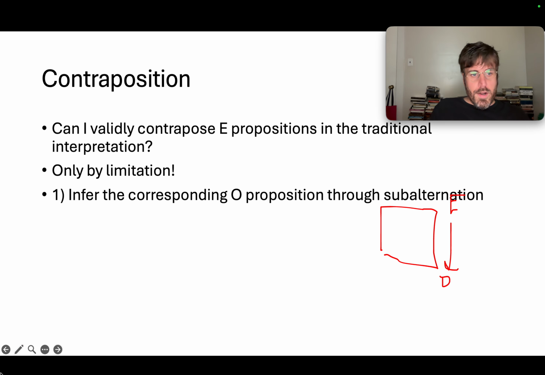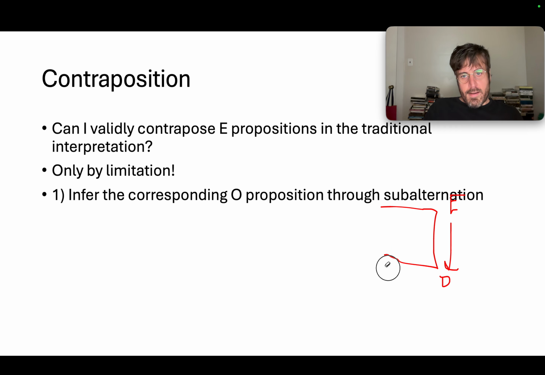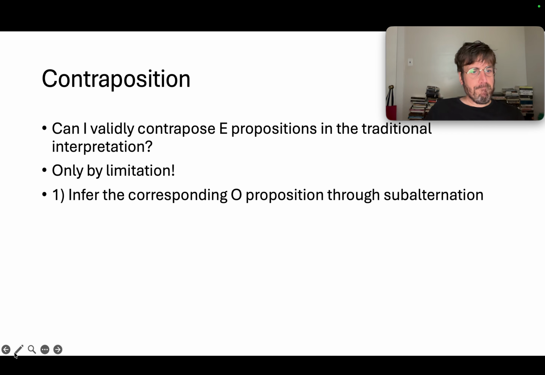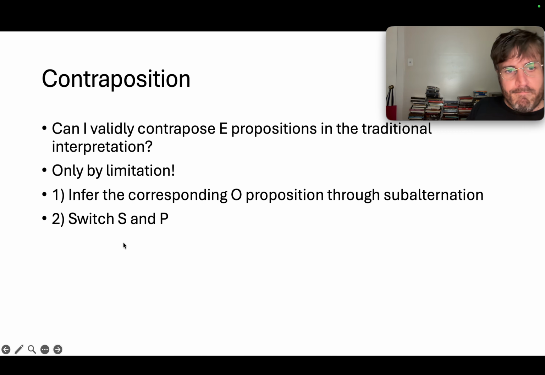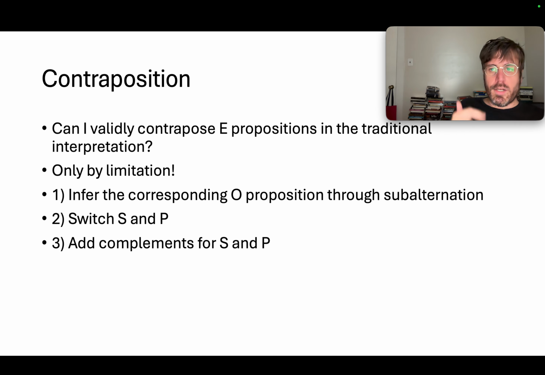Infer the corresponding O proposition through subalternation and apply contraposition. Switch S and P and add complements for both S and P. Okay, so we can't immediately do contraposition for E, but you can through limitation.